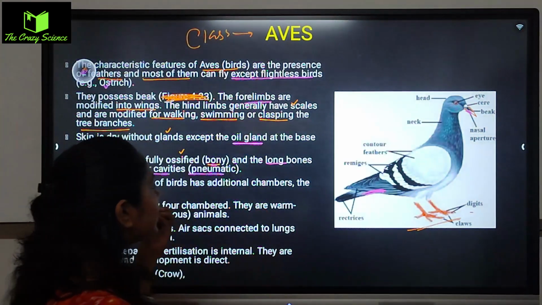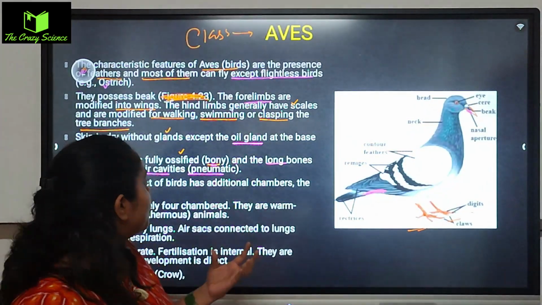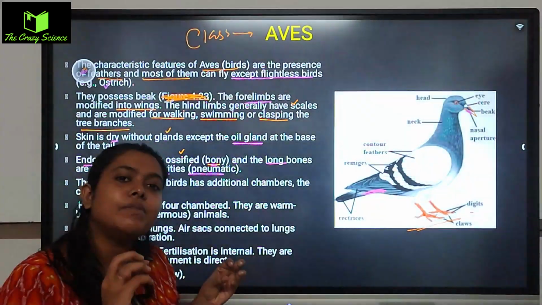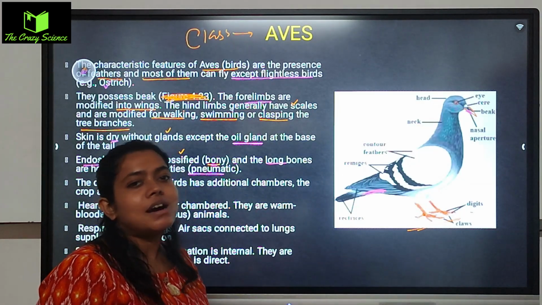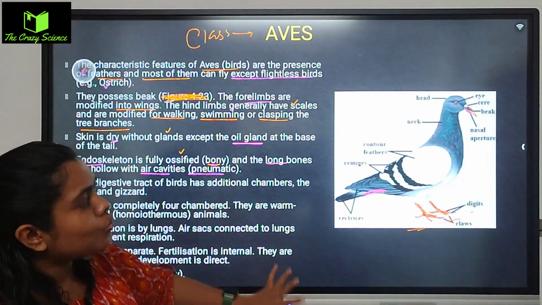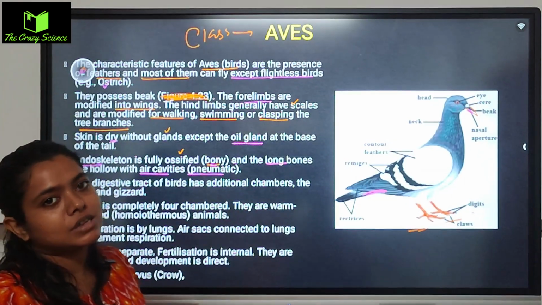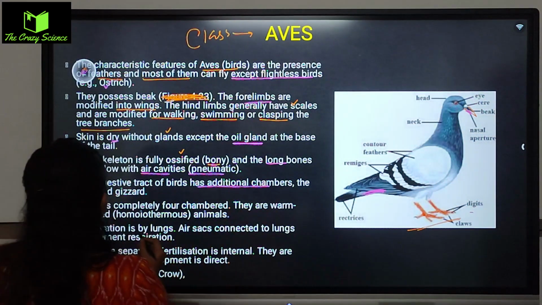That characteristic is there because they have hollow long bones and air cavities in the body. These supports are why their body structure is like this.